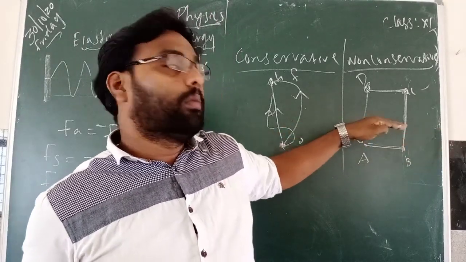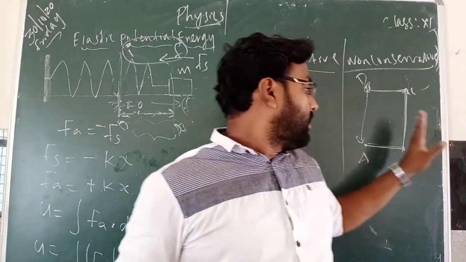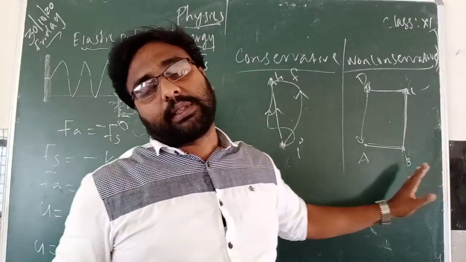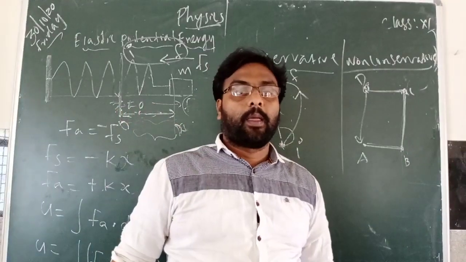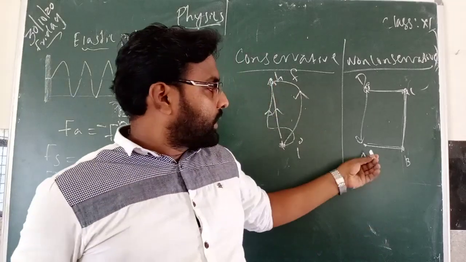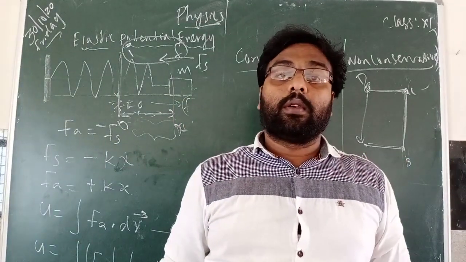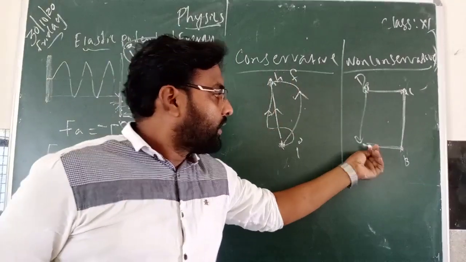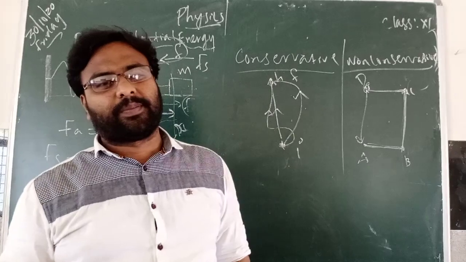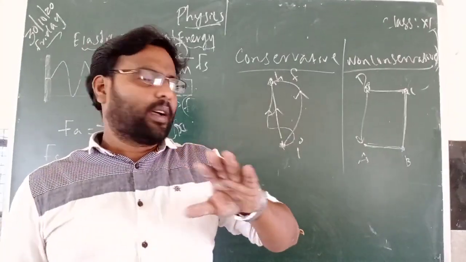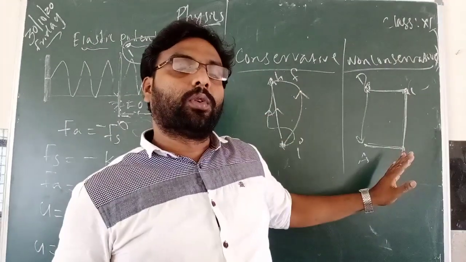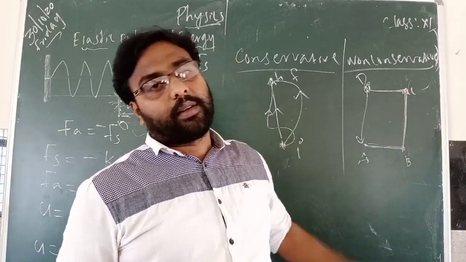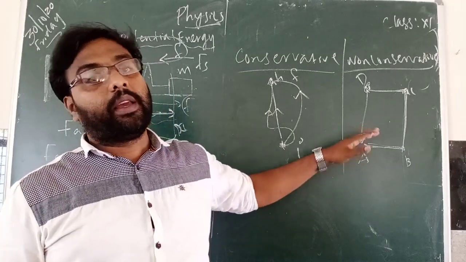So some work has to be done, or some force has to be applied, to move this object from the position A to B. Now when you are moving this object from A to B, you see there is a friction produced here. Due to this frictional force, the work done between this path is different. The work done won't be the same.